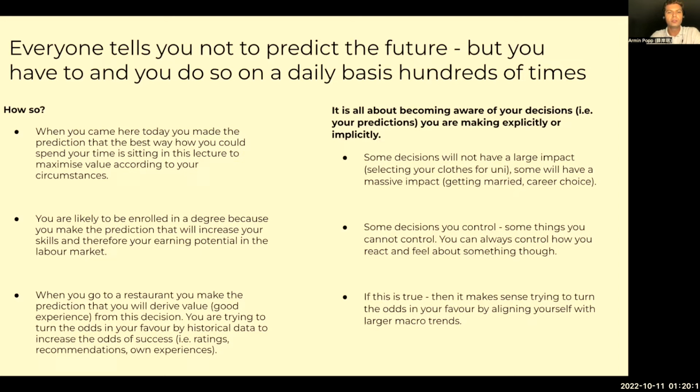If you're enrolled in a degree, you make the prediction that this will increase your skills and your value or earning potential in the labor market. When you go to a restaurant, you make the prediction that you will derive value, let's say a good meal, good experience from this decision. So you're always trying to turn the odds in your favor.